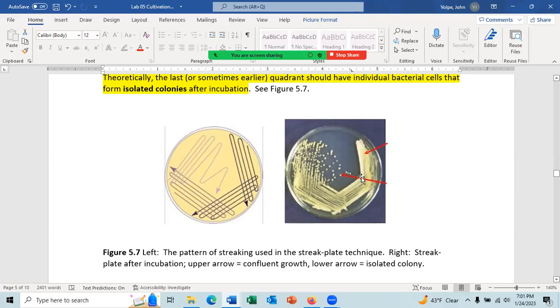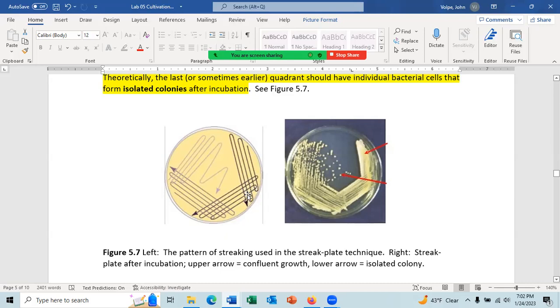This region will have a lot of bacteria because we're getting the cells from sector 1. I'm not sure why they went so many times in sector 1. You should only go 3 times, and they went 1, 2, 3, 4, 5 times.